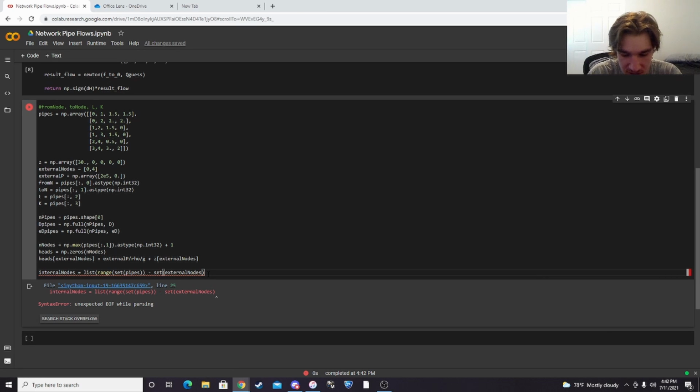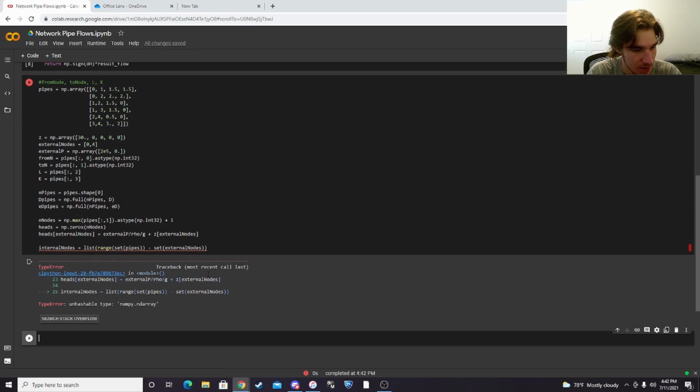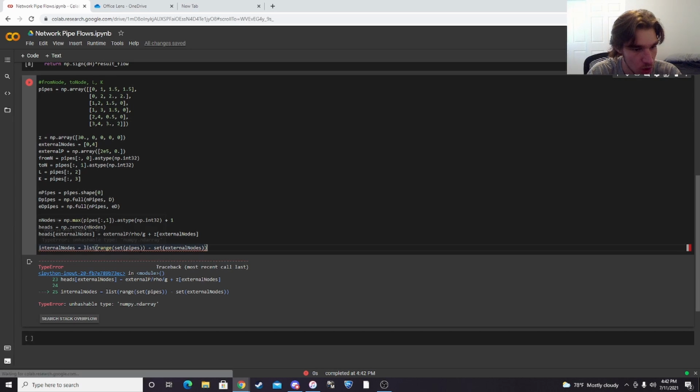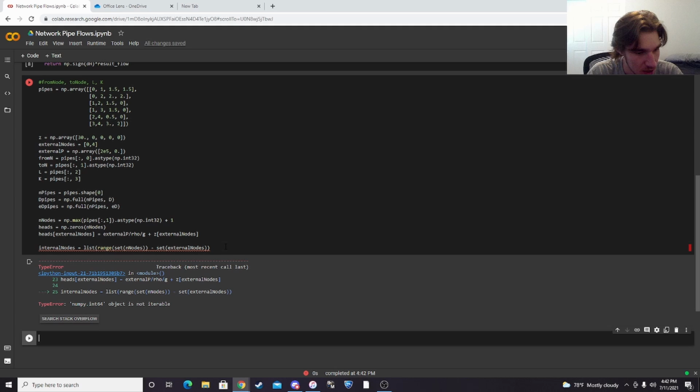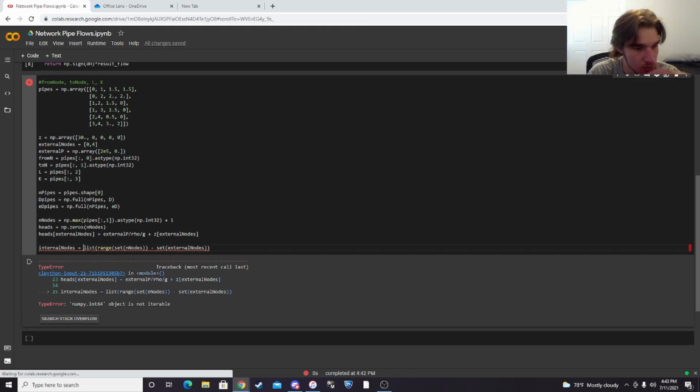Unexpected, that means I'm missing a parenthesis. np.array, list, range, set. Pipes. Oh, we want the speed and nodes, I apologize. That makes so much more sense, right? We cannot do that in NumPy, that instance is not iterable. Oh, maybe we do.